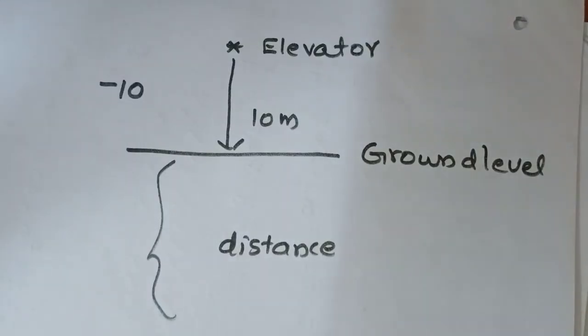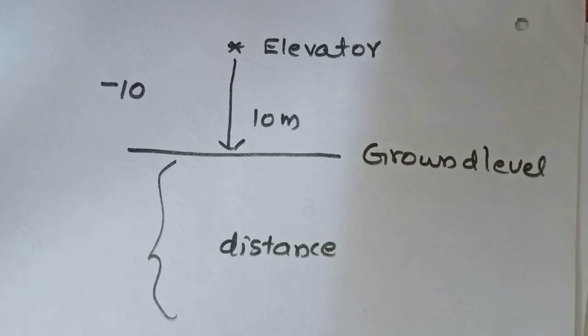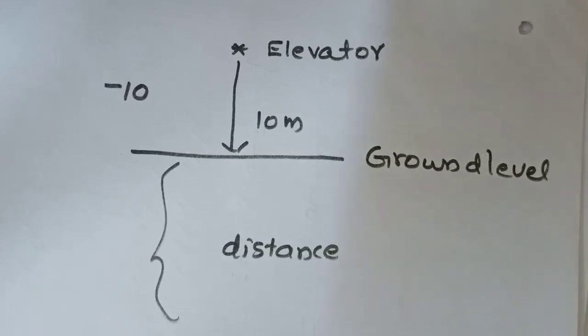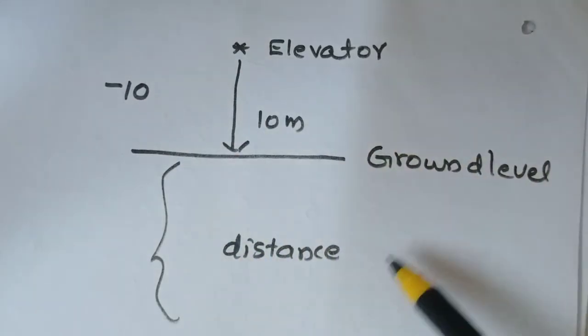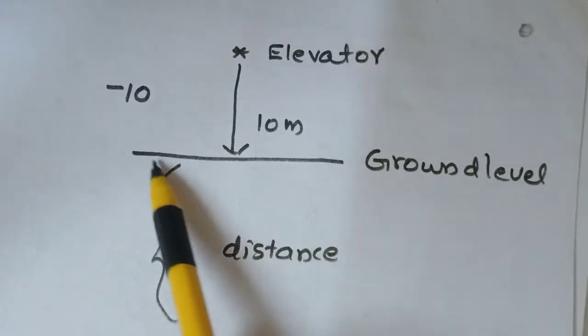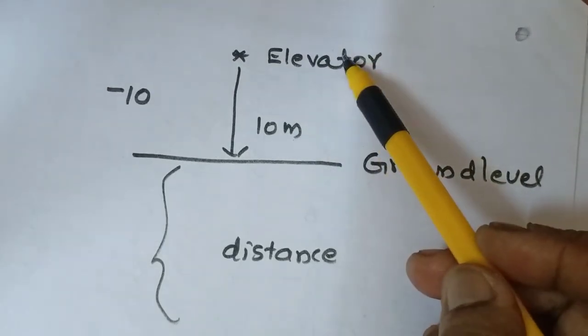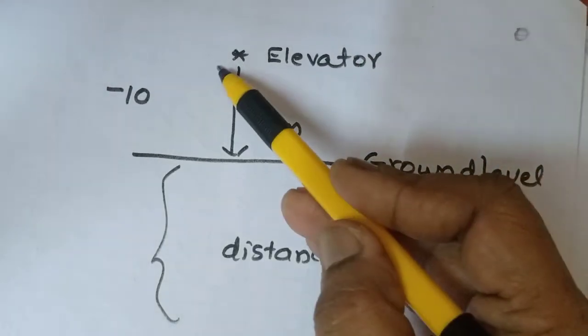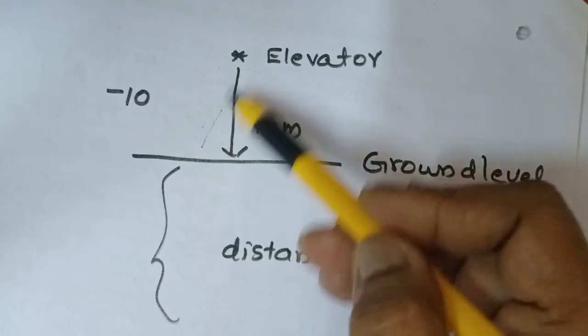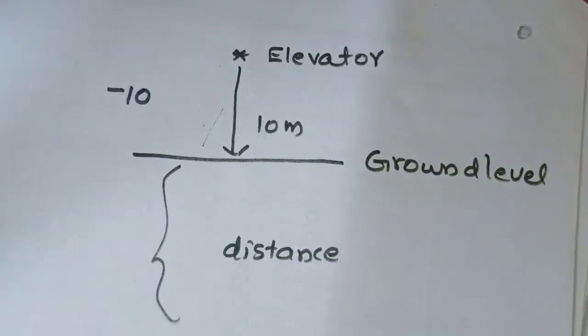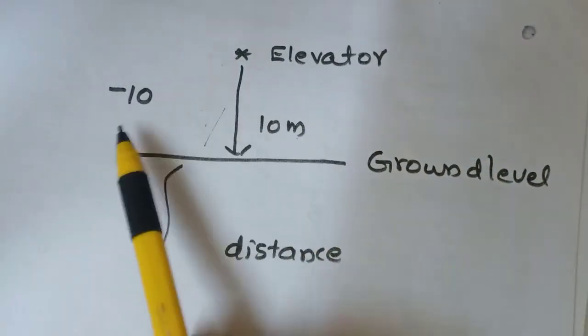Next question is related to an elevator, and it descends into a mine shaft at the rate of 6 meters per minute. Let us look into this figure. This is the ground level. An elevator is 10 meters above the ground level and it is moving down. Moving down means we want to take the number as negative.